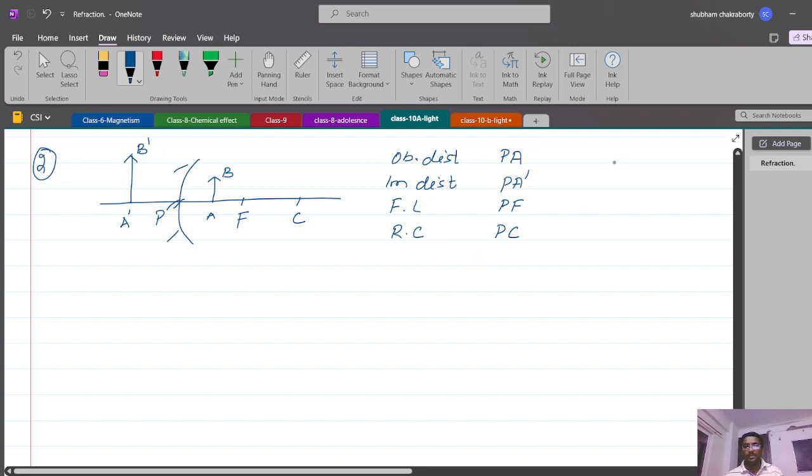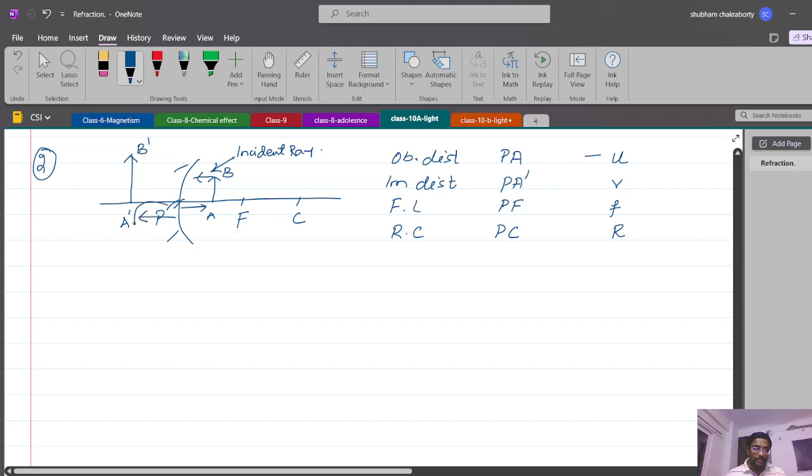Now let's put up the variables U, V, F, R. Now the incident ray is in this direction, so this is the incident ray. Let's look at object distance. Goes from P towards A, but this arrow is opposite to the incident ray, hence negative. Image distance goes from P towards A dash.